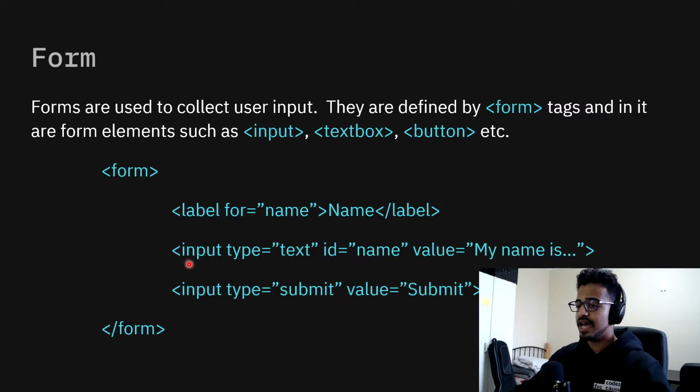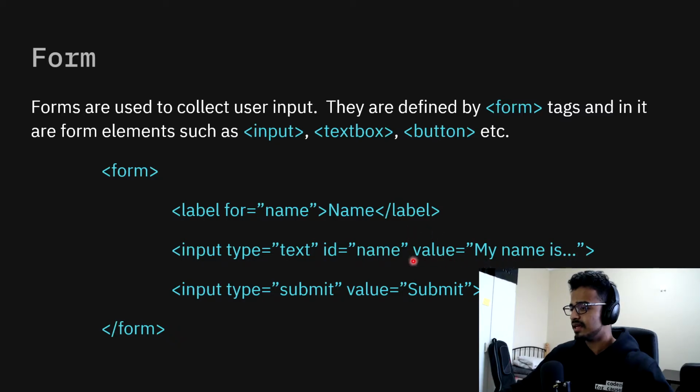Input tags are the things that actually take the input from the user. There are different types of inputs. This one here is a text input. It's a little box that a user can type something into, and value is basically setting the text inside that text box.